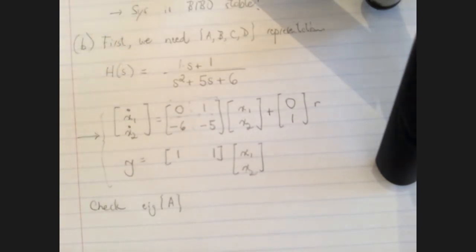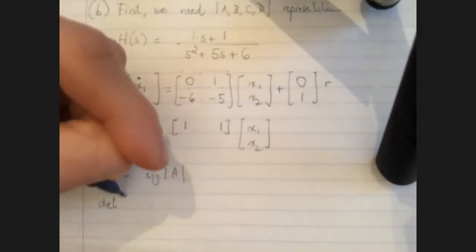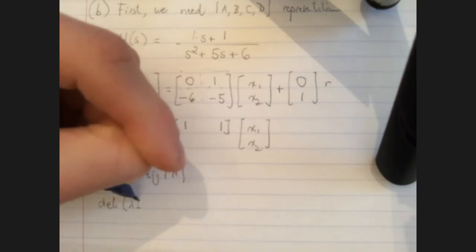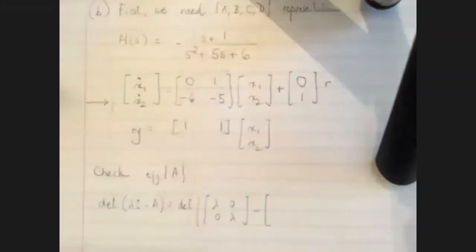As a reminder, in terms of how we did this by hand, we would look at the determinant of lambda I minus A. So lambda I is going to be lambda, 0, 0, minus A, which is this 0, 1, -6, -5.